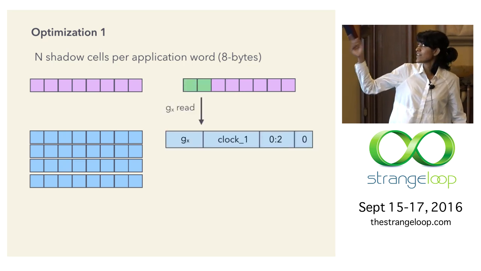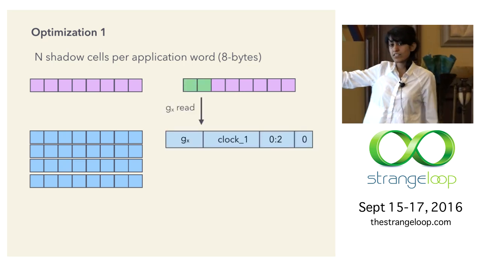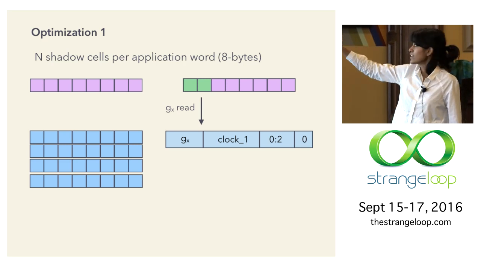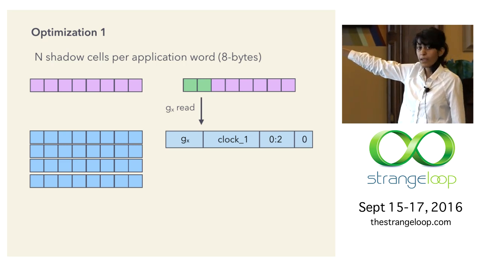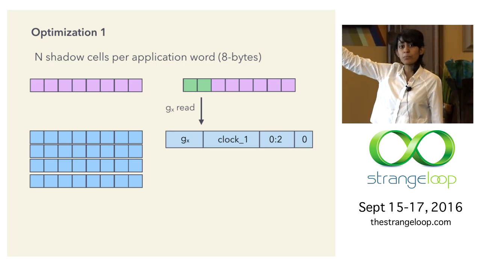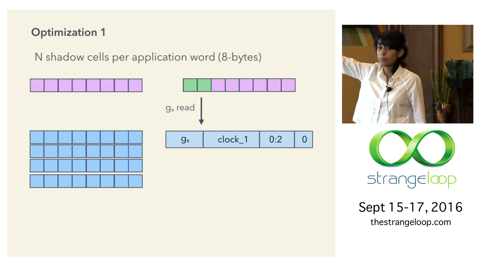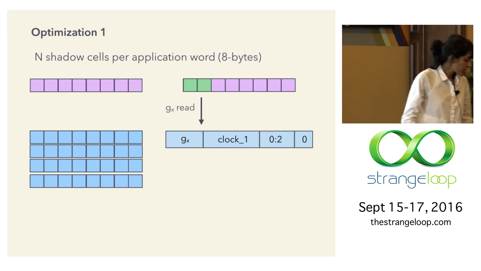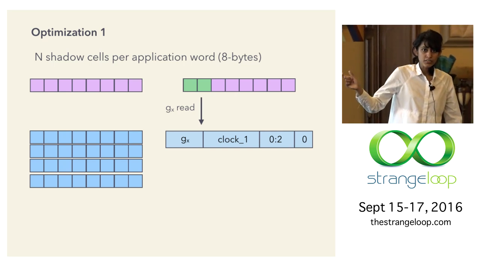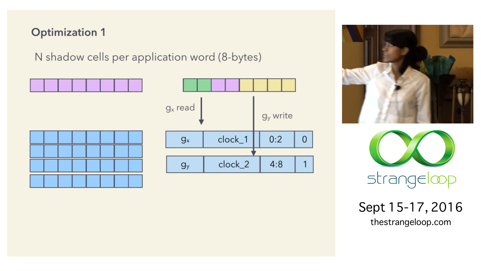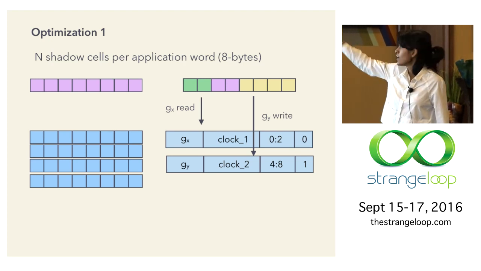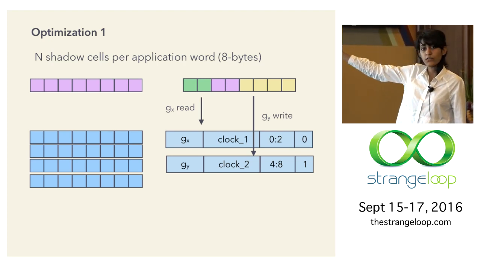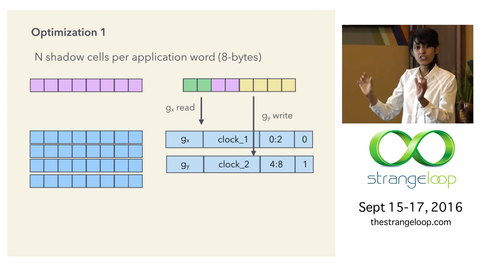So say that there's a read access to those 2 bytes. This is the shadow word created. And we know that it's those 2 bytes that were accessed because of the position and the offset, which says 0, 2. Now, if there's another access to this region of memory, like a write of the last 4 bytes, that index is 4, 8. So we know that it was to a different region.